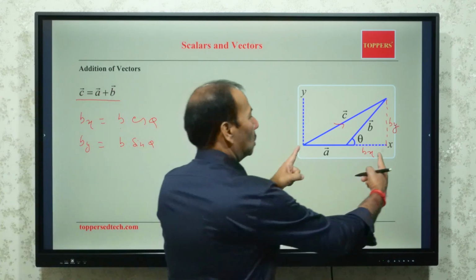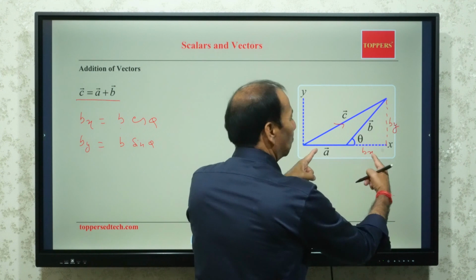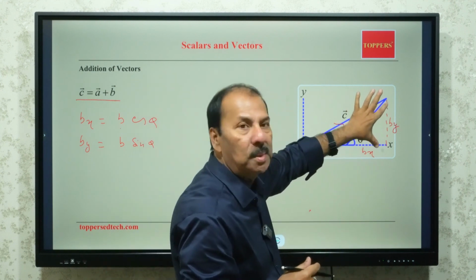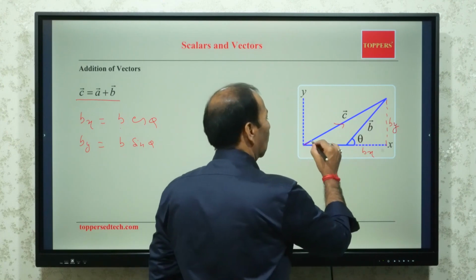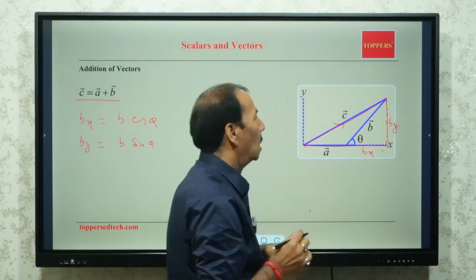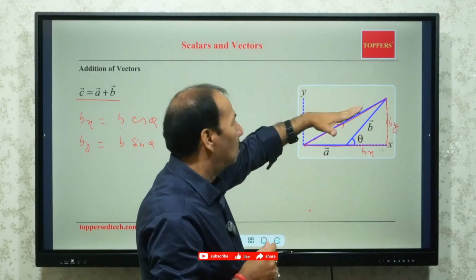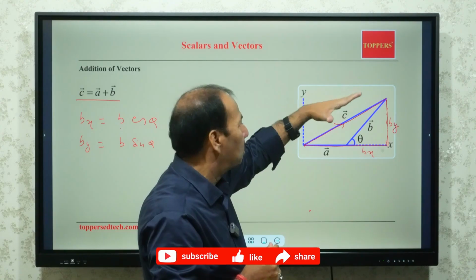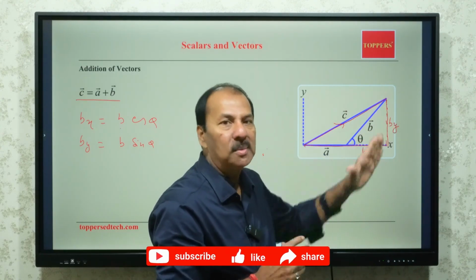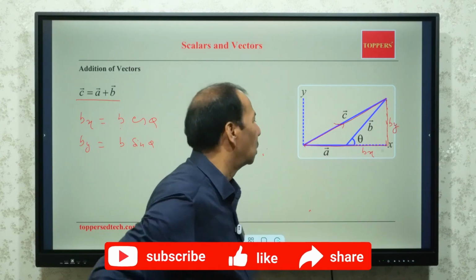So this total length becomes how much? A plus bx. And this length becomes how much? By. Now again, this bigger triangle is also a right angle triangle. So in this right angle triangle, using the Pythagoras theorem, this square is equal to this square plus this square, and from there we can calculate the magnitude.